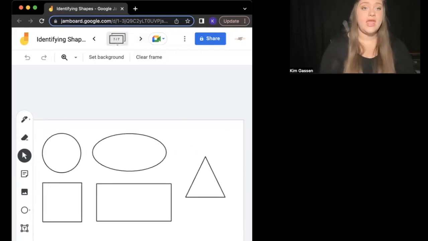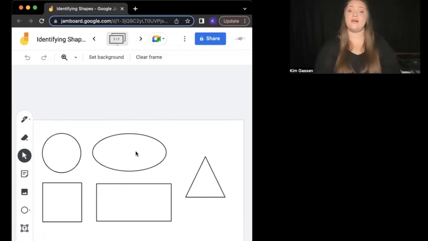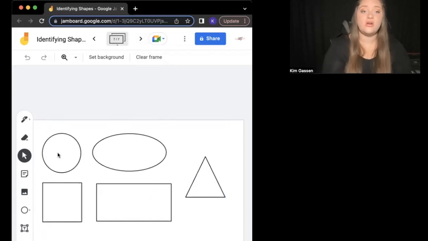So we have our circles and our ovals. They both only have one side and no angles. The difference between a circle and an oval is that circles are even all the way around, and an oval is stretched out a bit more. Then we have our triangles.